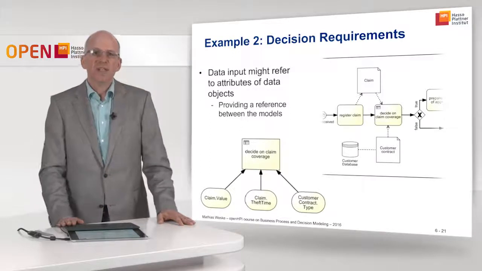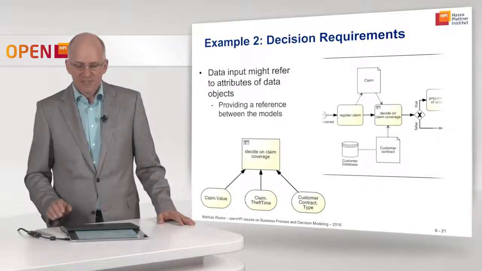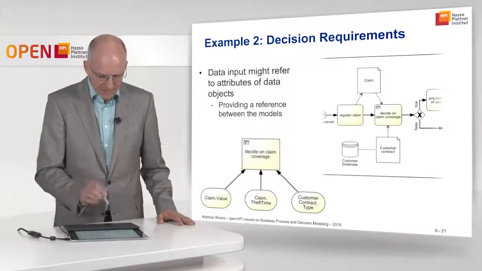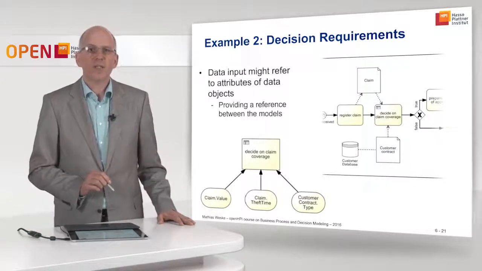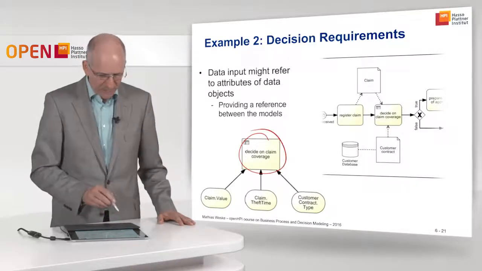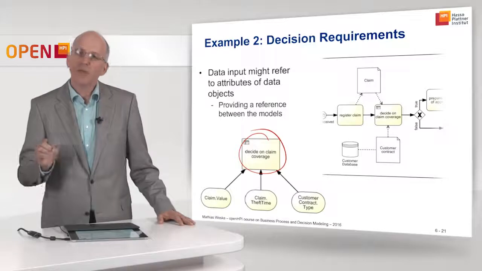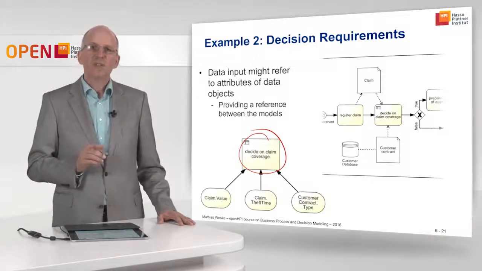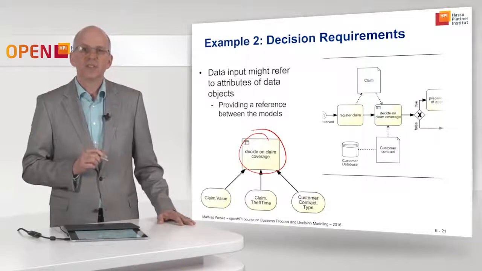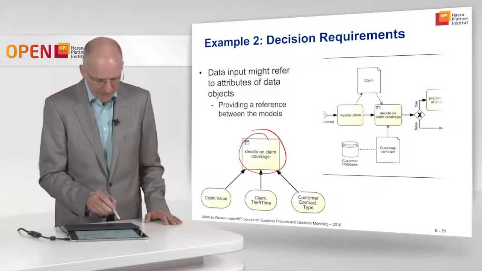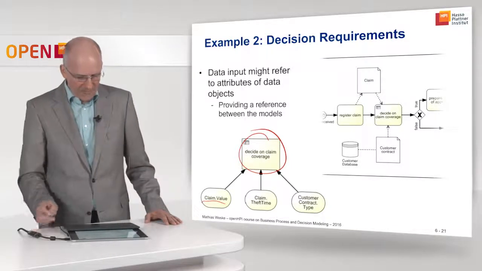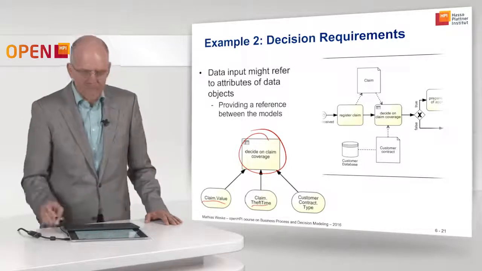We can specify this also in the decision requirements diagram. And here we have it in the lower left part. We have the decision requirements diagram, where we have the decision, decide on claim coverage, and we have input values. But we have three inputs here, because we are a bit more precise in this decision requirements diagram. Here we have an input called claim.value, and we have claim.theft-time.